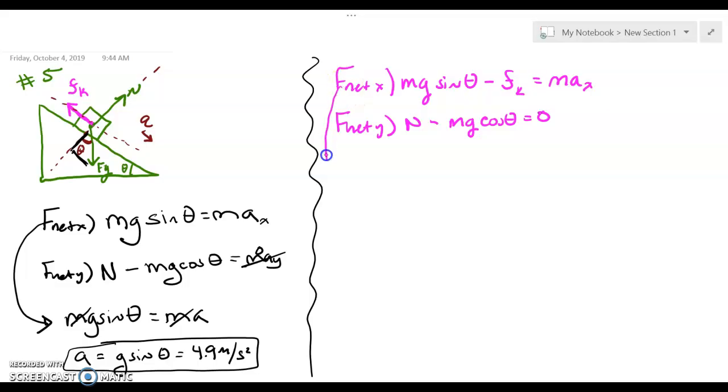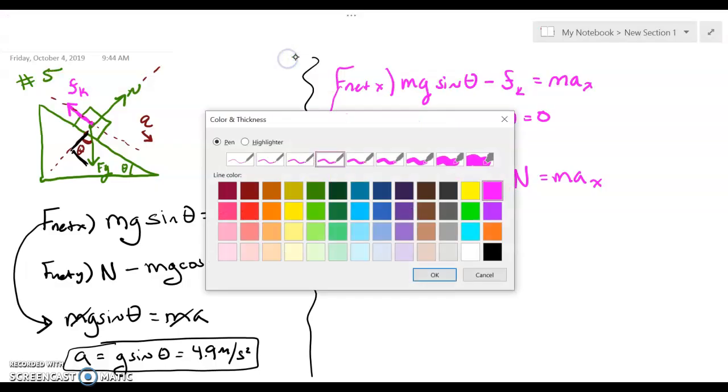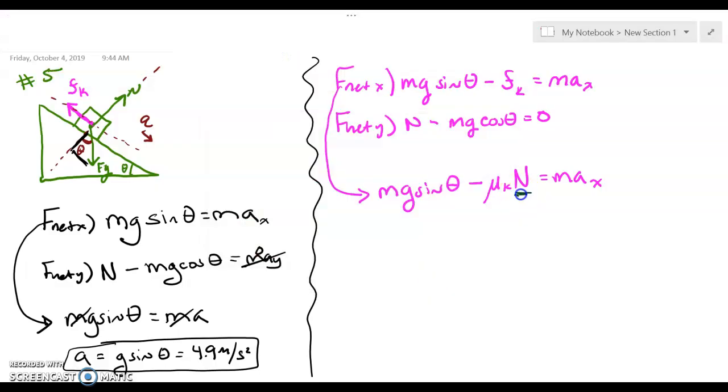So we solve for f net x. We're going to plug in mg sine of theta minus, remember, friction is mu n, so that becomes mu k n equals max. Well, n, remember, n comes from the f net y equation.